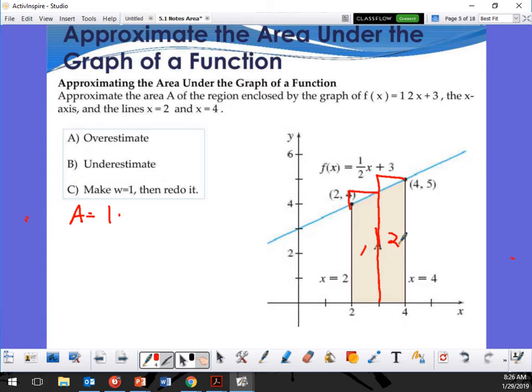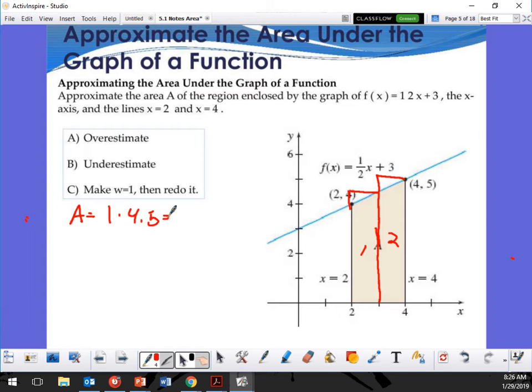So for that information, what's the height going to be now? 4.5, because it's halfway. Right here's 4, right here's 5, so that should be 4.5.